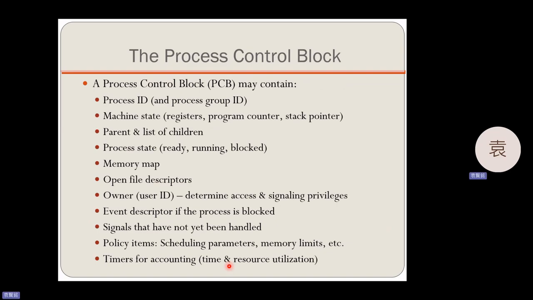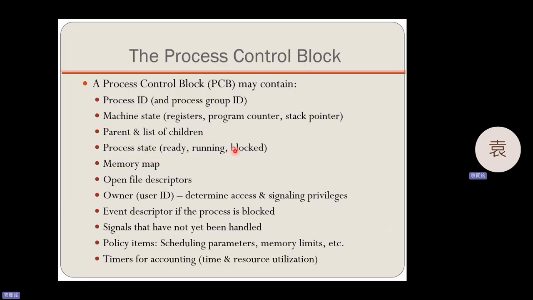A typical process control block will contain a process ID or group ID, and machine state: CPU registers, program counter, stack pointer, and so on, and also the parent process and the list of children processes.